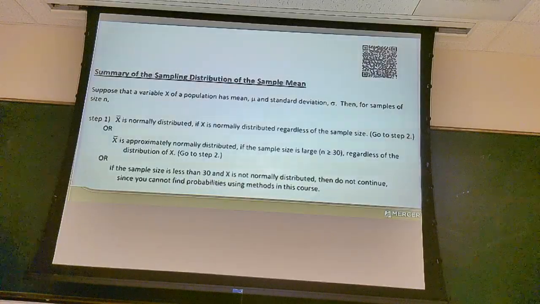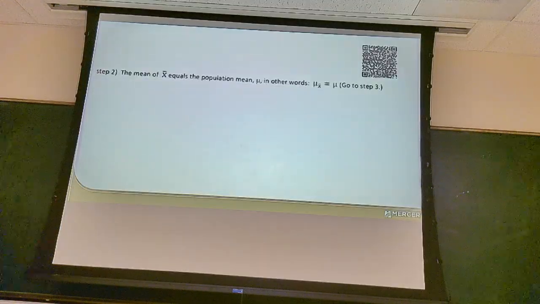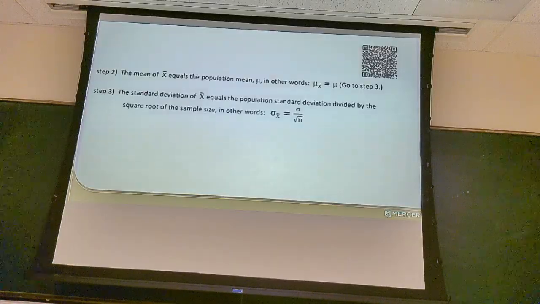Otherwise, there's nothing we can do. Calculate your mean, which is just the population mean, so that's really easy. Calculate your standard error. Then we can proceed with the problem.